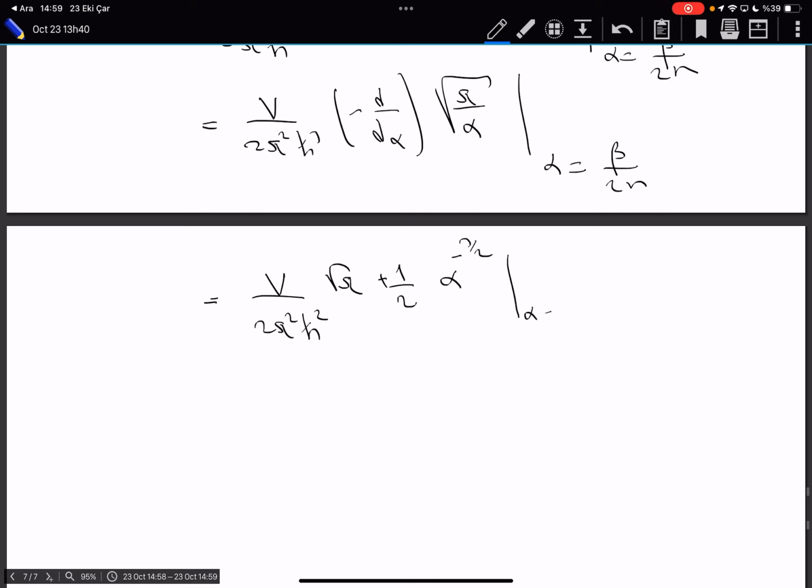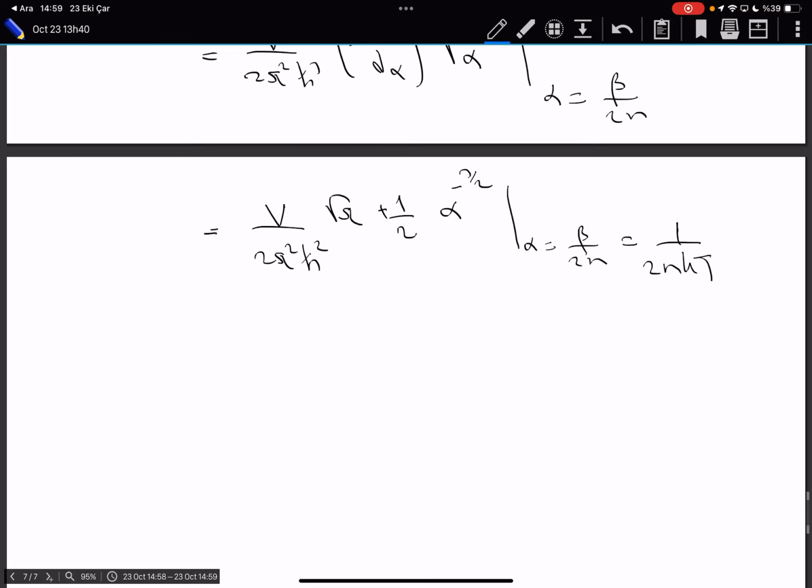Evaluate that at alpha equal to beta over 2m, or 1 over 2m kT, k being the Boltzmann constant. So this is V over 2 pi to the 3/2 power h bar cubed. There's a 4. This is 2m kT to the power 3/2. So this is my Q1.